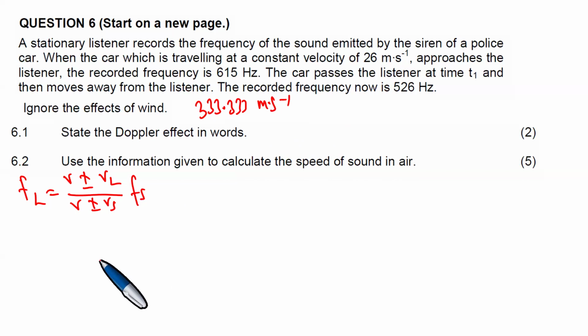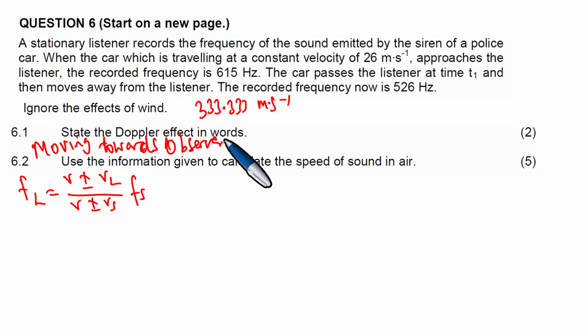And obviously this would be the velocity. So we'd have two instances. We have an instance when we're moving towards the observer, using the information given to calculate the speed of sound in air. Moving towards observer.